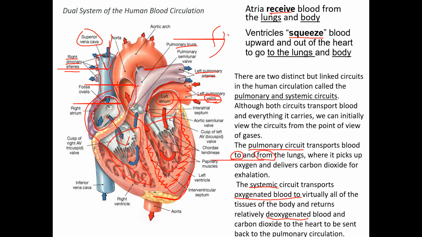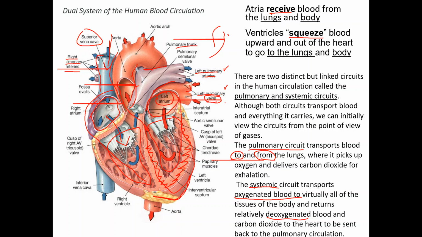If you look at this scenario, this is not true, because you have arteries transporting blue, unoxygenated blood, and veins transporting oxygenated blood. So this scenario is inverted, it's not true.